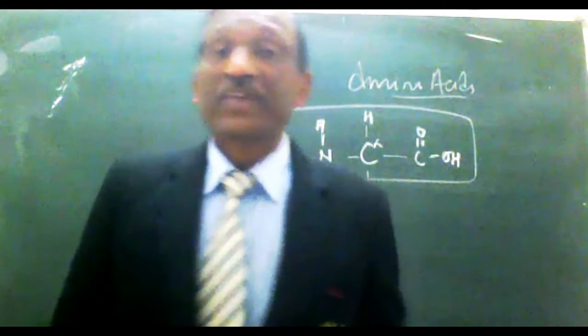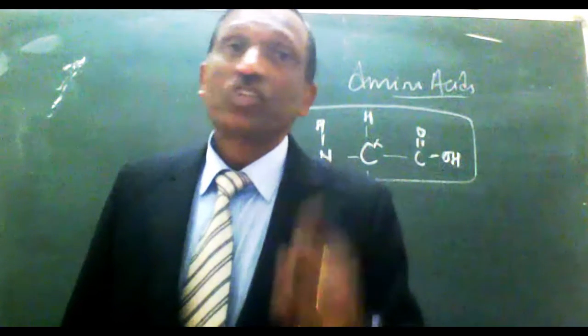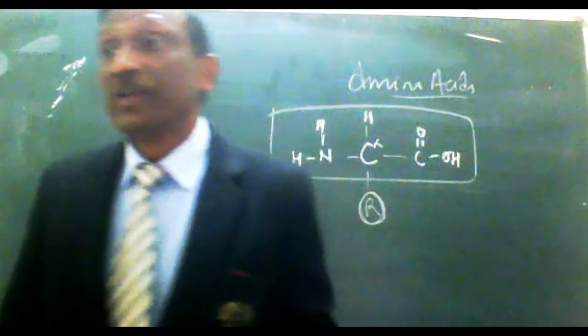Since I already taught you about the amino acids, I'm not going into the depth of the amino acids right now. Then we have studied that the amino acids are joined together by peptide bonds. Pay attention. So how will peptide bonds form? Peptide bonds are the bonds which are formed between two consecutive amino acids.